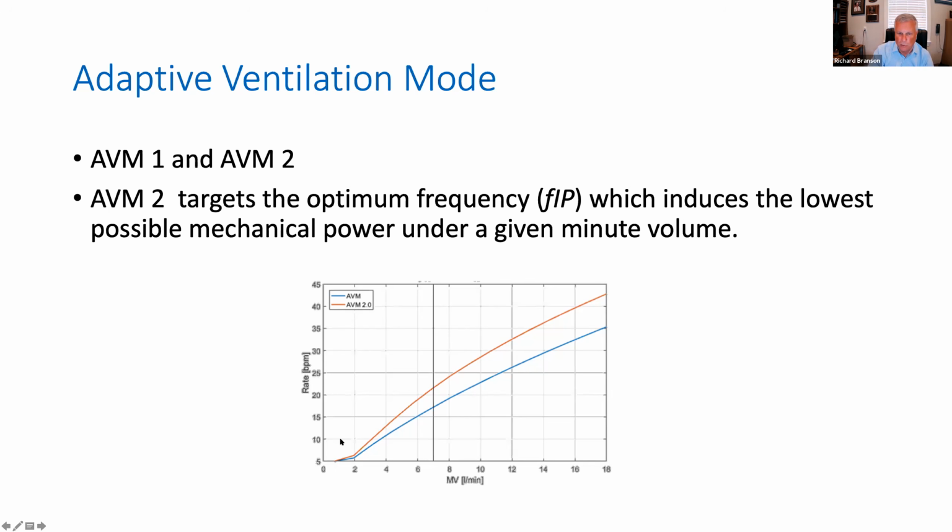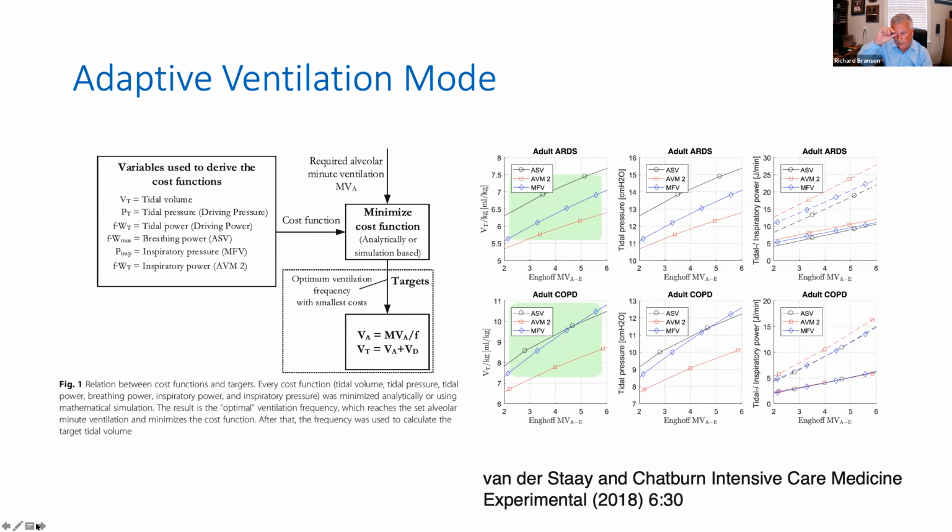So this is just a simple graph showing you the difference between AVM2 and AVM1 related to the respiratory rate as it relates to minute ventilation. And Van der Staay and Rob Chapman have written this paper, another paper, this one's in Intensive Care Medicine Experimental from a couple years ago, analyzing adaptive mode ventilation that's using driving pressure, not tidal volume or plateau pressure.